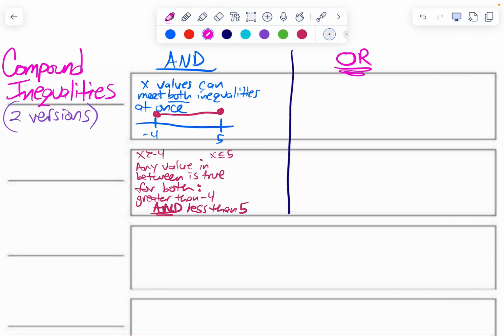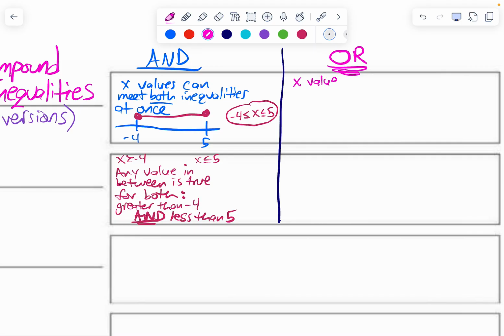Just kind of pausing for you to catch up if you need to. Before we do that, let's add the actual inequality to this. It kind of mirrors the graph a little bit. X is in between two numbers.